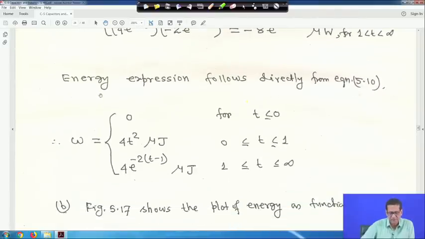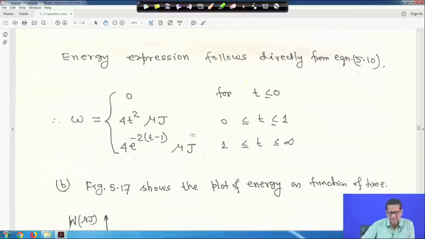Now, the energy expression is as follows, which you will get directly from equation 10. You know energy is equal to half C v squared. So, for the first one v is 0, so it is 0. In the second case v was given as 40. Simplify, C is equal to 0.5 into 10 to the power minus 6 farad. So half C v squared gives 40 squared over 2 times 0.5, that is 4t squared microjoule, for t between 0 and 1.